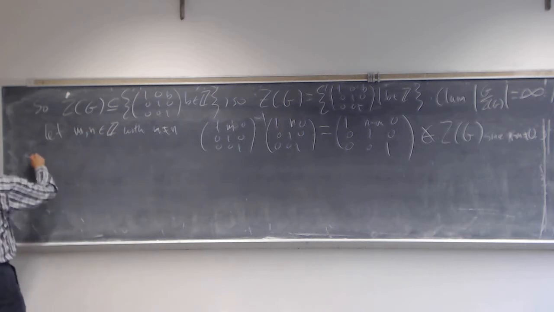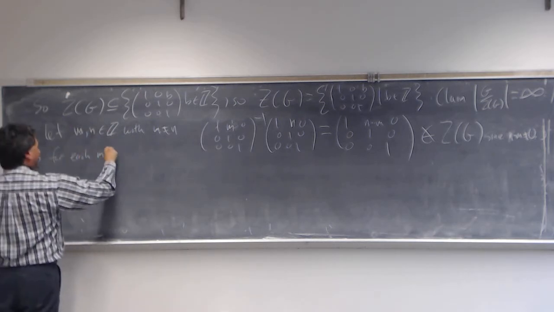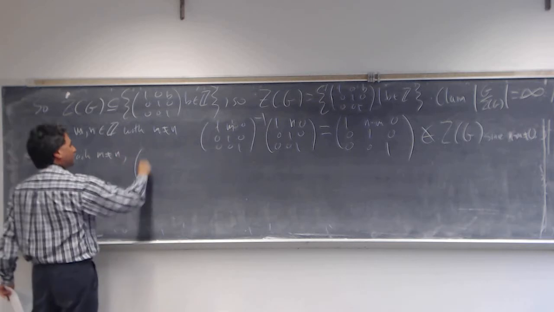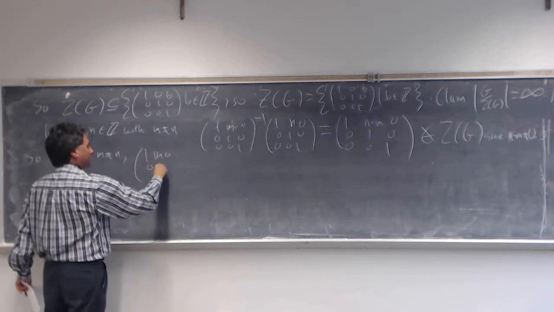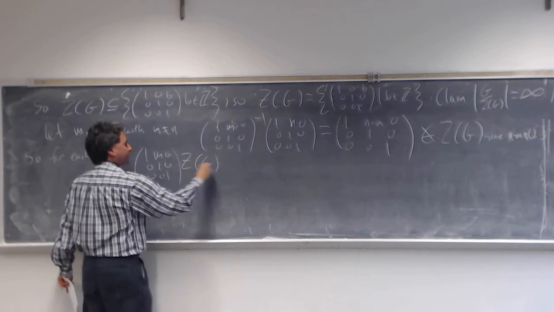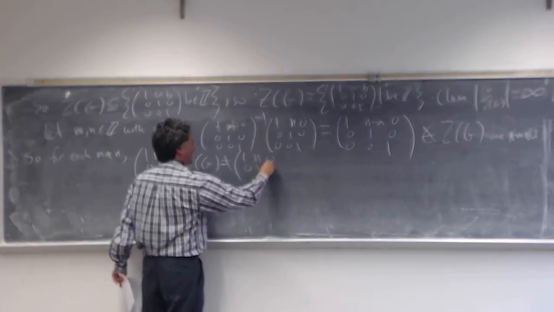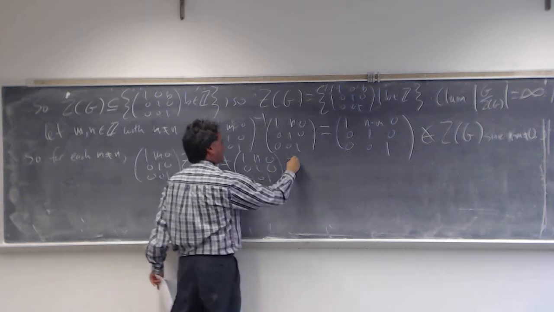So for each n not equal to m, this coset is not the same as this coset.